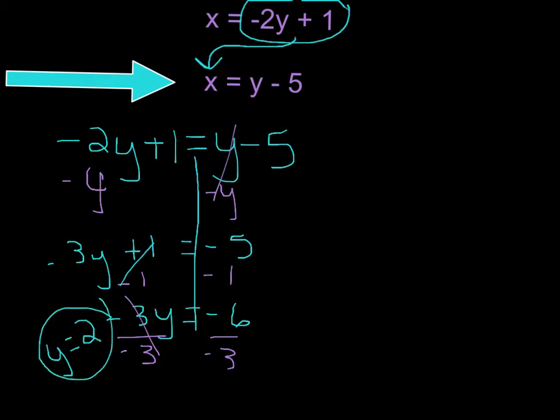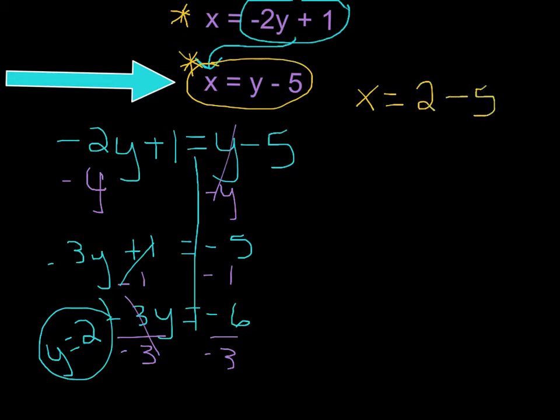So you substitute, solve for the one variable, but now we have to find x, because every answer has an x and a y. So you get to pick whichever one of these equations that you want. I would say the second one looks a little bit easier, so let's use that one. X equals, instead of y minus 5, y is 2, and 2 minus 5 is negative 3.